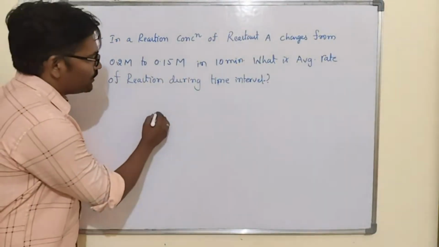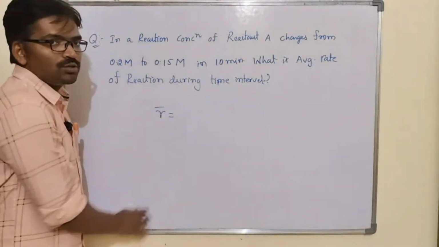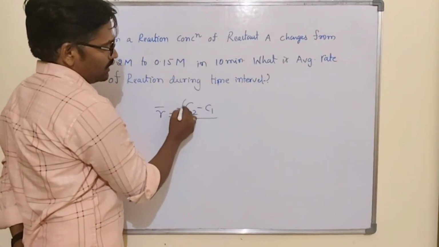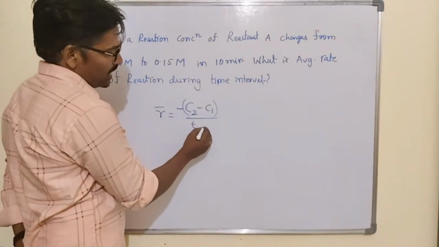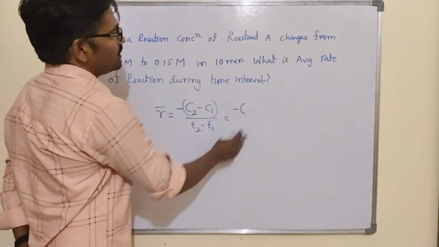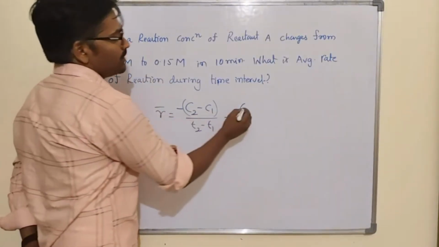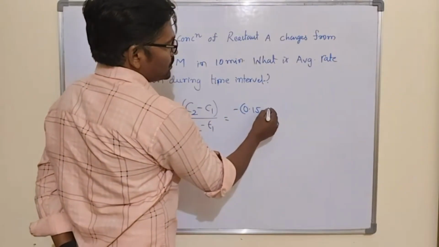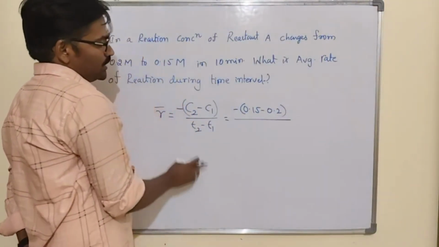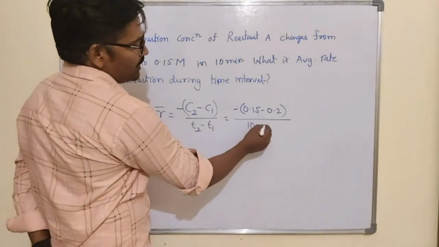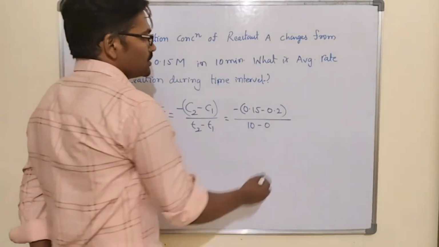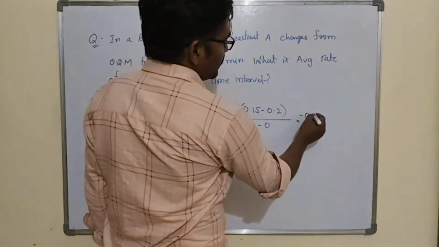So the average rate of reaction equals minus of C2 minus C1 divided by T2 minus T1, right? So what will C2 be? C2 is 0.15, minus 0.2, divided by T2 which is 10 minutes, minus 0.